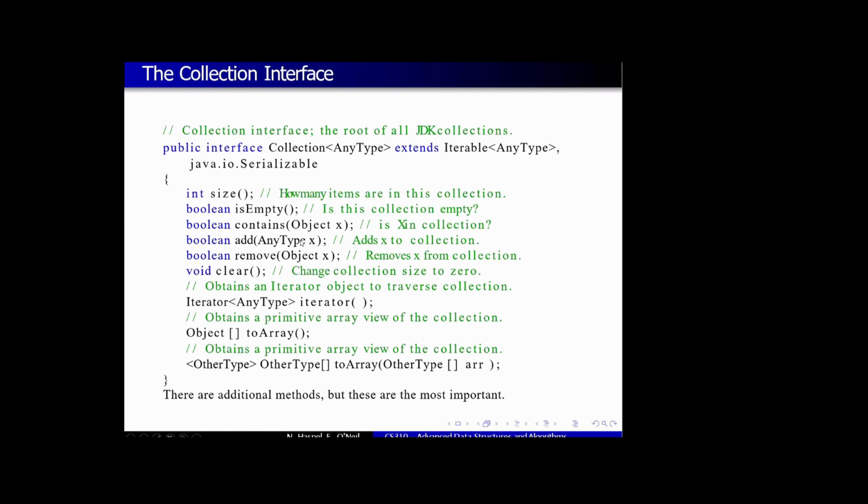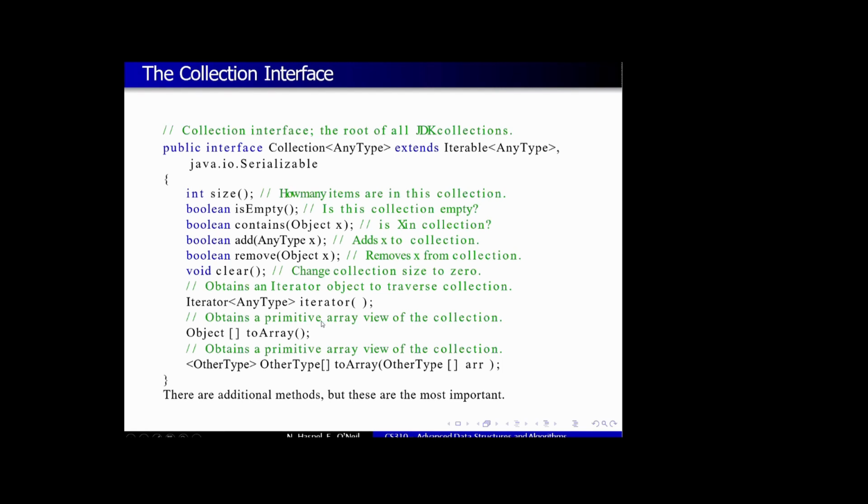But adding has a filter on it, so you have to give the right type or it won't compile. But remove also uses the object. And then you can clear the collection out.